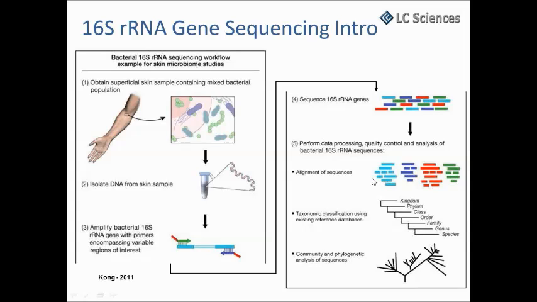After alignment, we know which read is from which species, and then we can do a good taxonomic classification using the currently available reference database for the 16S rRNA gene. After that, we can do the final phylogenetic analysis to see the evolutionary trees like this, and to know the relationships between the mixture of bacteria inside that sample. Here, the case is skin samples.